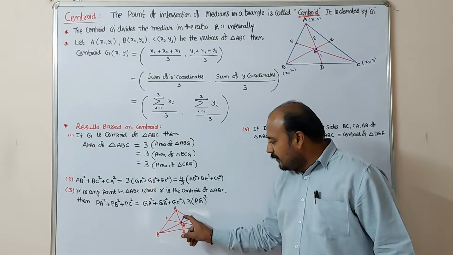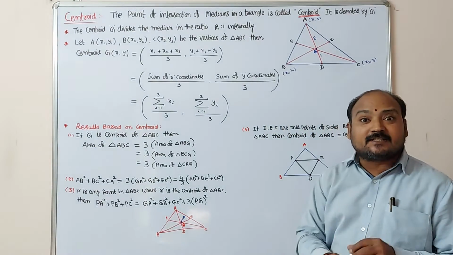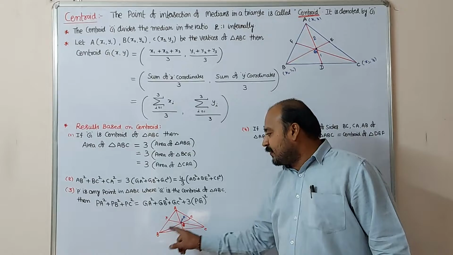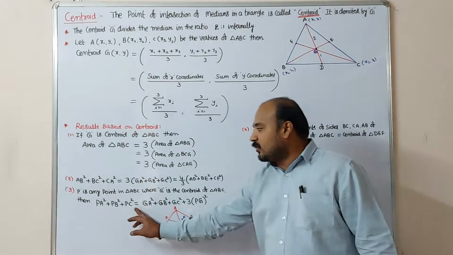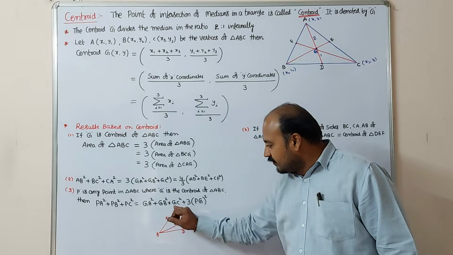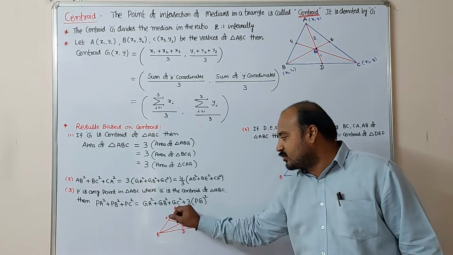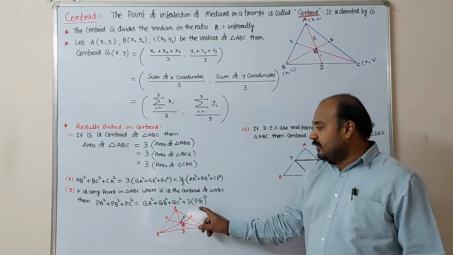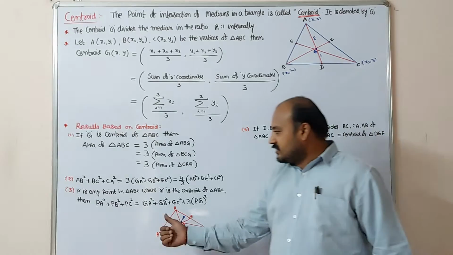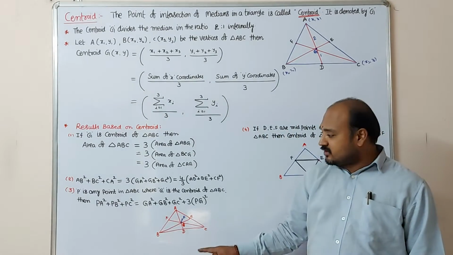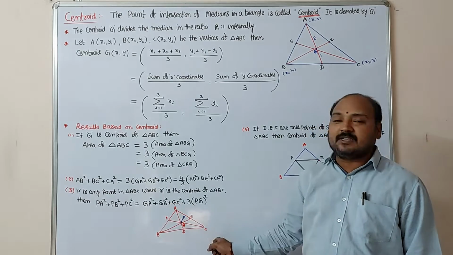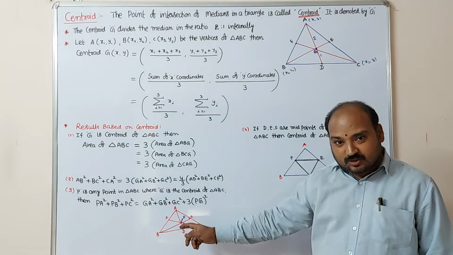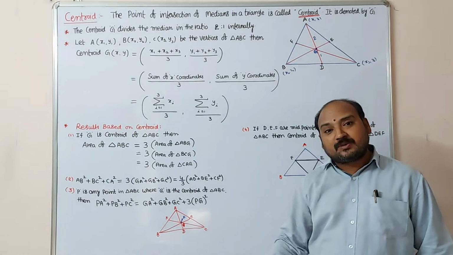Then PA square plus PB square plus PC square, the sum of the squares of the distances PA, PB, PC, is equal to GA square plus GB square plus GC square plus 3 times GP square.